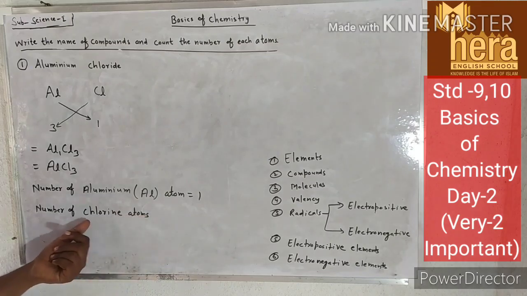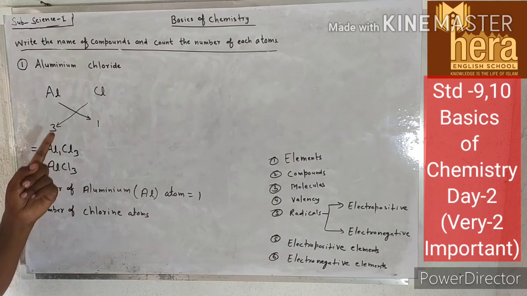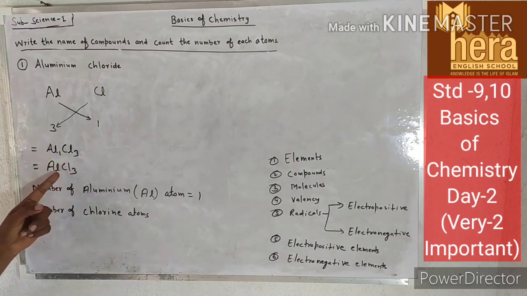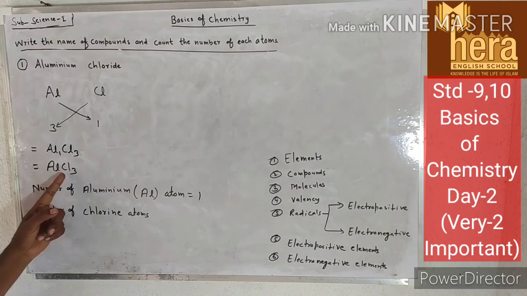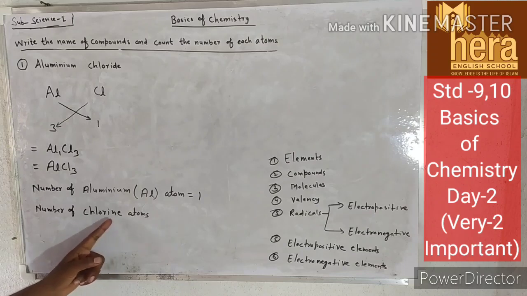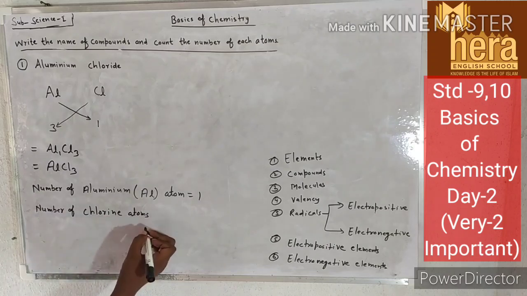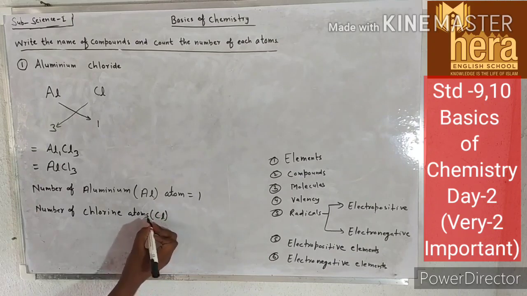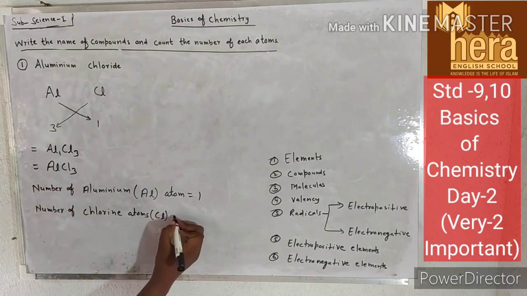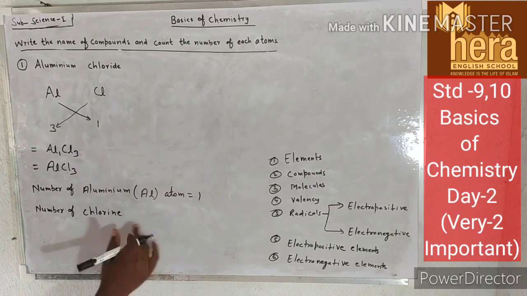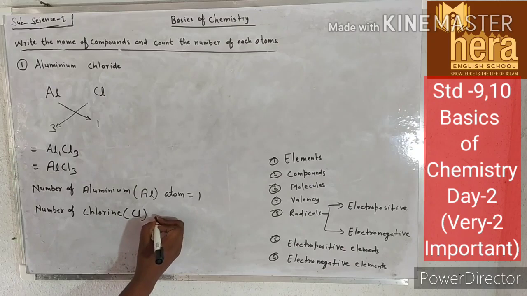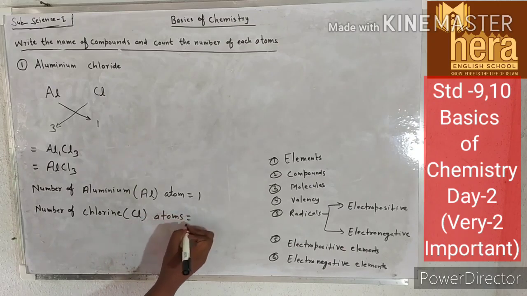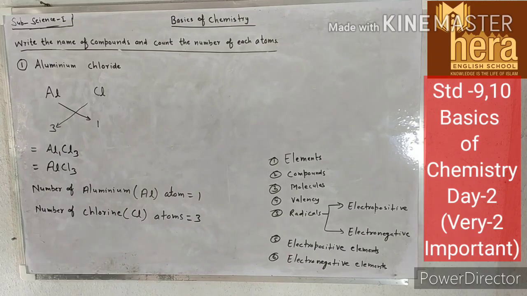See, if you write, then write chlorine, but this is a compound. AlCl3 is a compound, so its name will be aluminium chloride. So don't write chloride atoms, write chlorine atoms. Number of chlorine atoms, because there are 3 atoms, number of chlorine atoms is equal to 3. Understood?